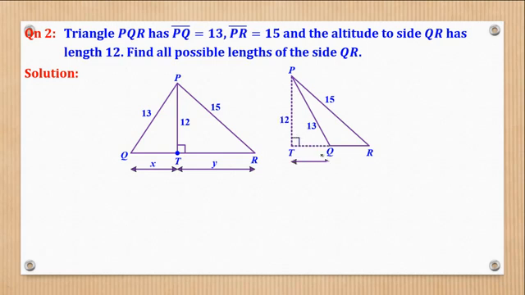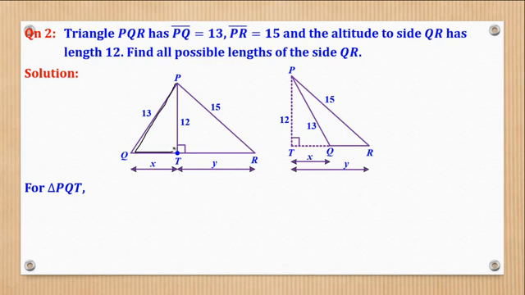There are two possible ways, but in both cases these values will be the same. This x is the same as this x, and this y is the same as this y. So one value of QR is got by saying x plus y. Another value of QR is got by saying y minus x. As simple as that.